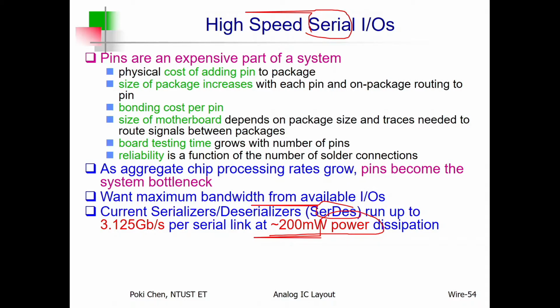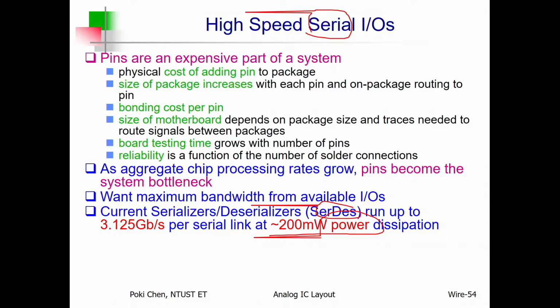We need pins for many of the connections, not only for communication, but for your power, your VDD, your VSS, for grounding, and how many you need, for example, for power or ground depends on how much power the chip consumes. For high power chip, usually we need hundreds of pins for only VDD and ground.